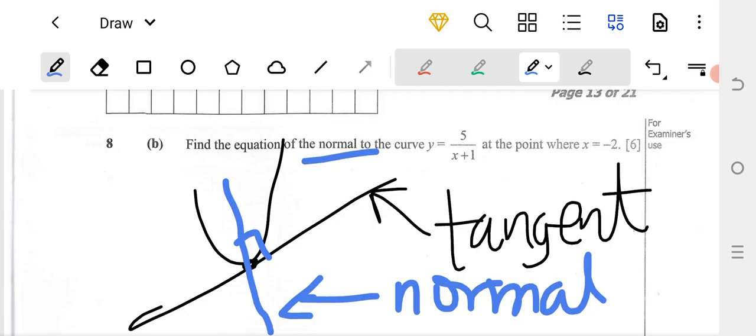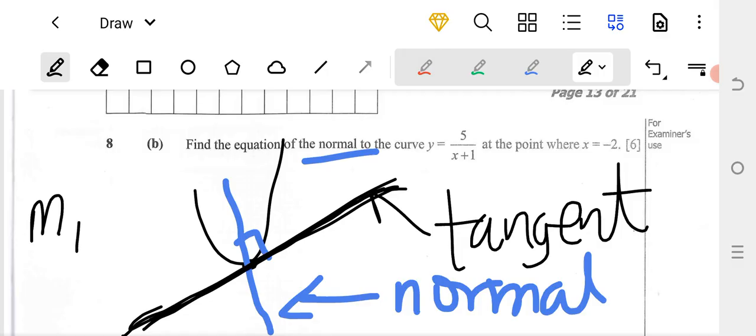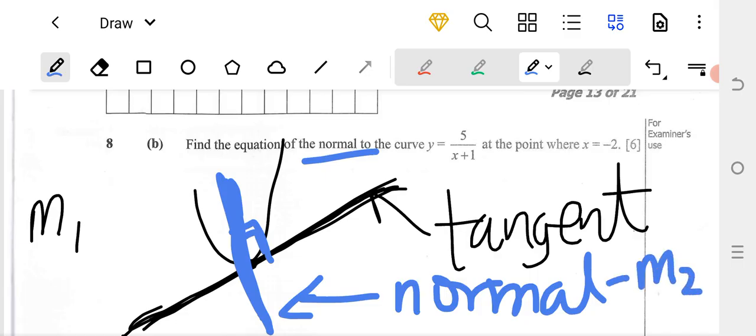First of all, you need to know that the tangent line has a gradient which we can call m1. And then this line that is perpendicular here has a gradient that we can call m2.